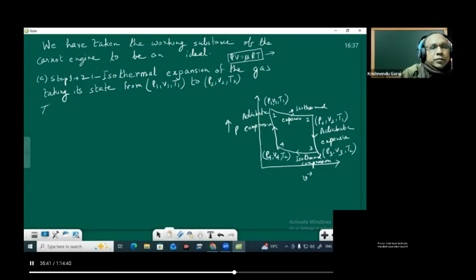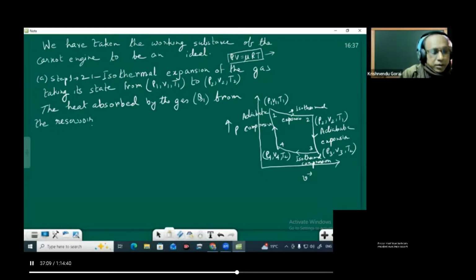The heat absorbed by the gas, that is Q1, from the reservoir at temperature T1, is given by this equation.